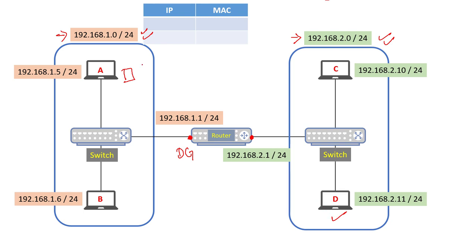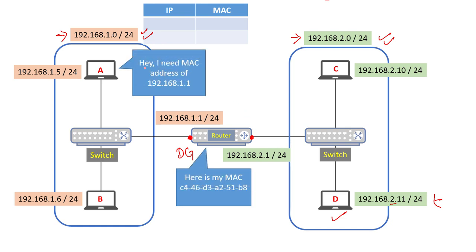Device A will send an ARP request, an ARP broadcast, to know the MAC address of the router.